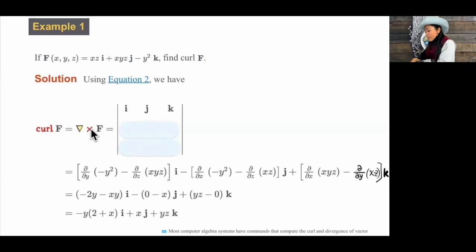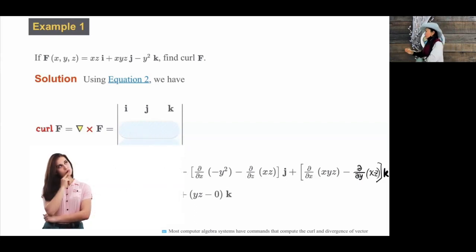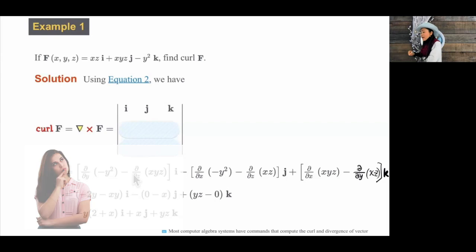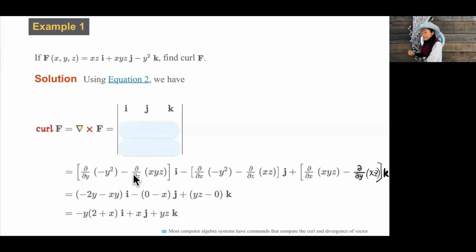It is the cross product of del with F. What should I put as the second row? That's del, right? Del is the vector differential operator. So that will be partial derivative with respect to x, with respect to y, with respect to z. And then the last row, what should I put there?